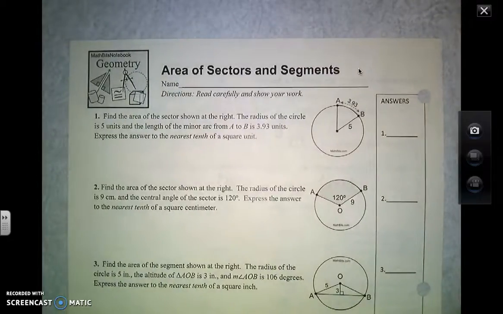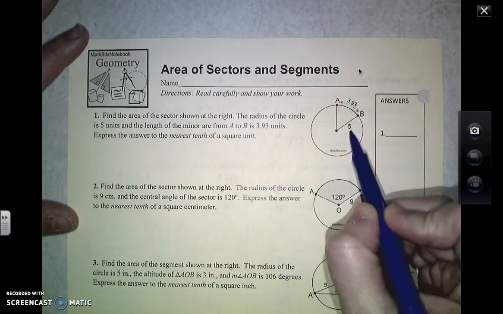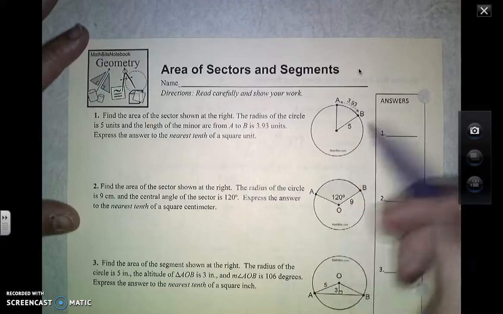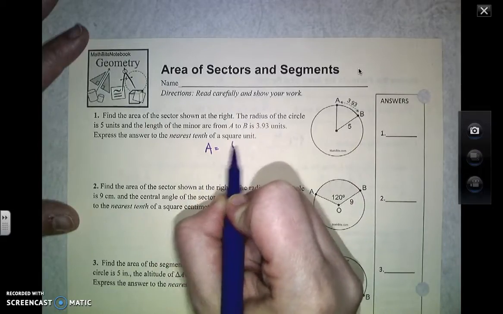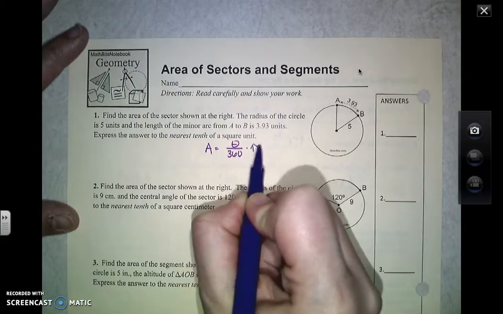All right, one quick example. Let's take a look at number 1 on the next page. We have the area of a sector shown at the right. We're going to find the area of the sector. The radius is 5 units, which is labeled, and the length of the minor arc is 3.93. So if we want to find the area of the sector, this is going to be theta over 360 if we're in degrees, times pi r squared.